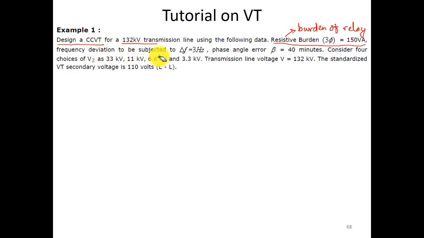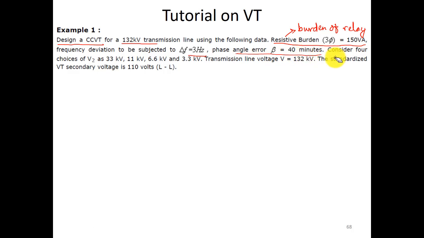The frequency deviation to be subjected is delta F equal to 3 Hertz. That means it can bear up to a frequency deviation of 3 Hertz, right? That means based on that frequency deviation, the phase angle error, that is beta, equal to 40 minutes. So we'll see what is phase angle error.